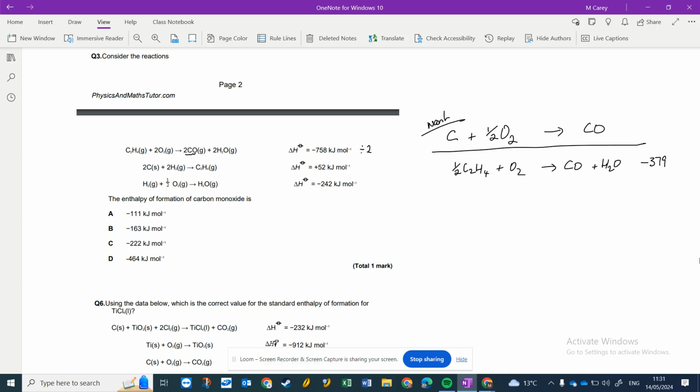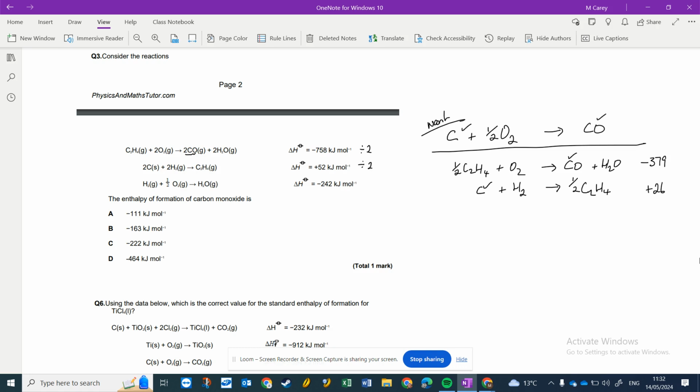We need carbon on the right-hand side. So again, we're going to have this: C plus H2 gives you a half C2H4. So we've got our CO, got our C, and that is halved again, 52. It's plus 26 kilojoules per mole.